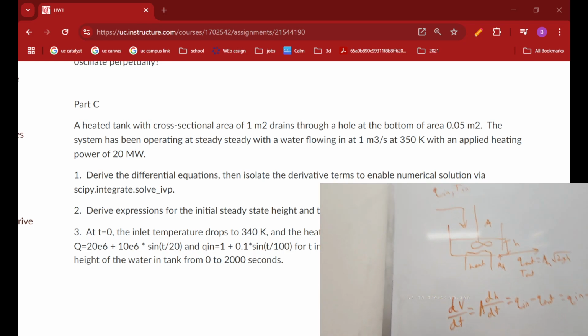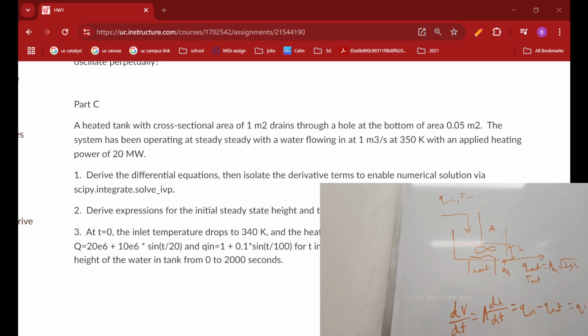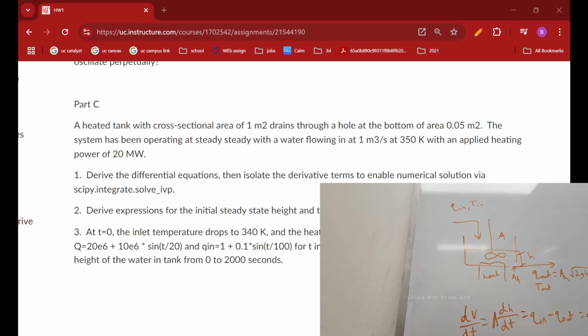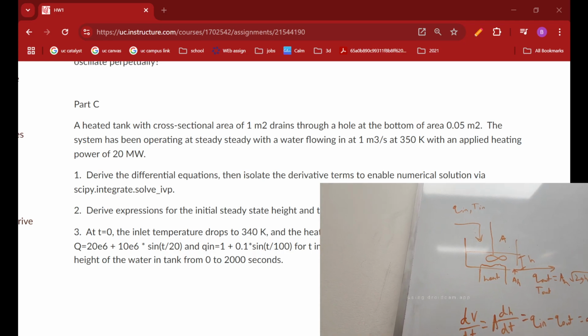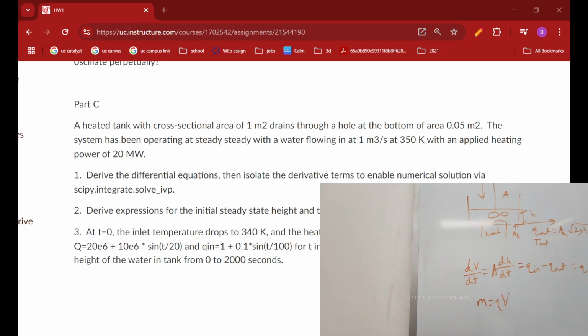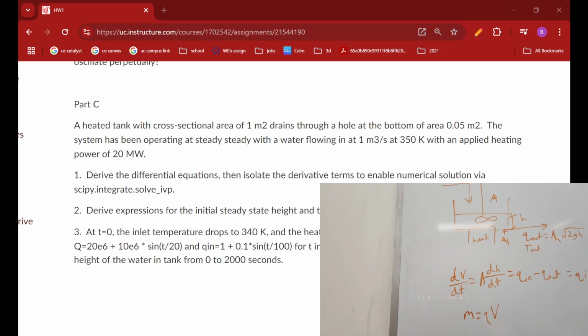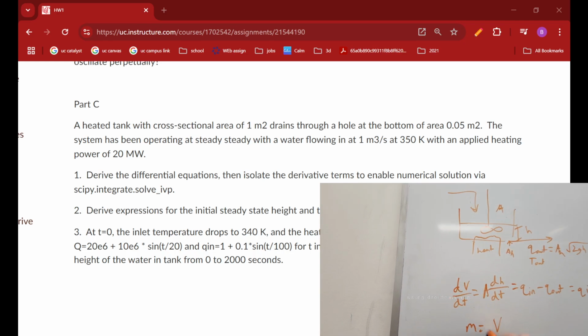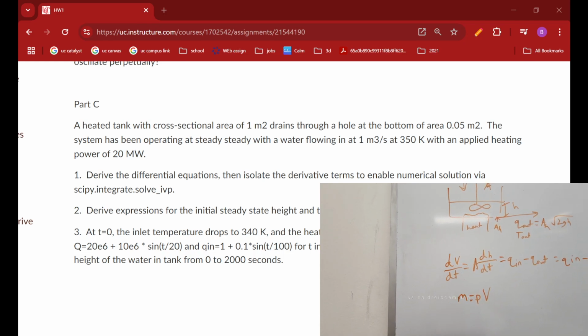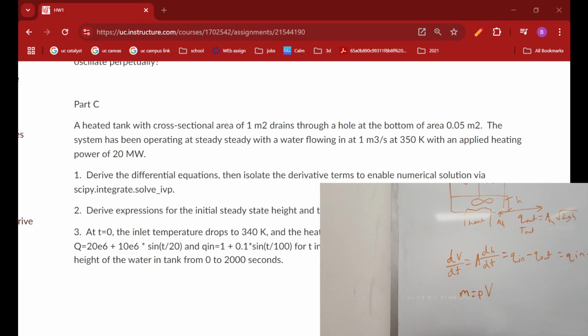We also know that mass is equal to density times volume, or, that's not the same for density. Density is the other way. There we go.